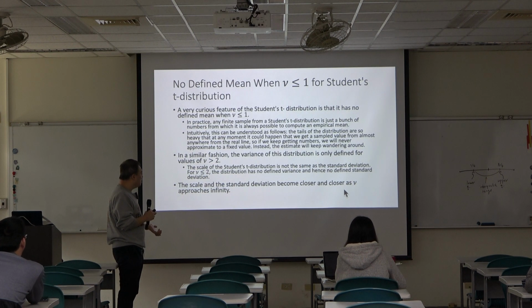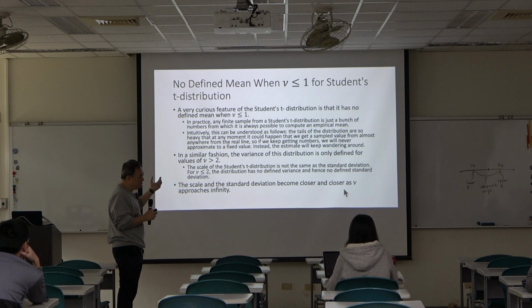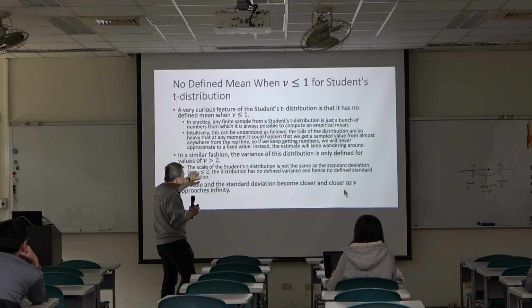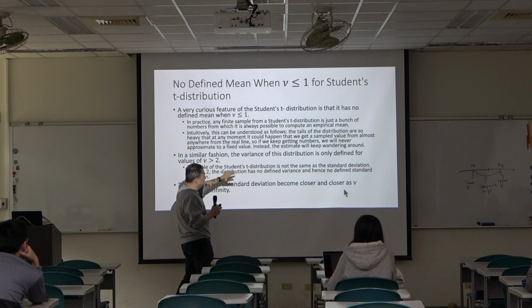But that's okay. Remember, in Bayesian data analysis, if you don't know something, we put a prior, and then we just let the data decide where that value is more suitable. So we are not the ones who decide the value of V or the value of scale. The scale of the student t distribution is not the same as standard deviation.